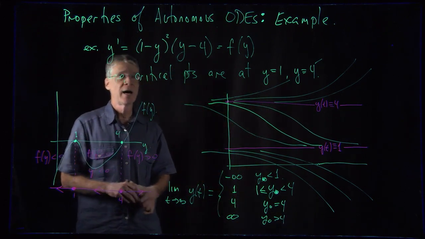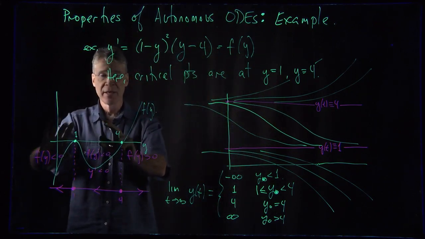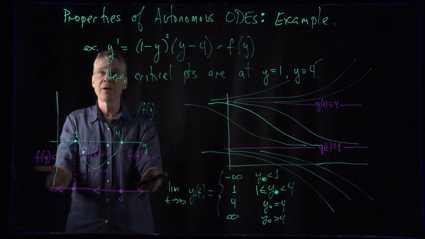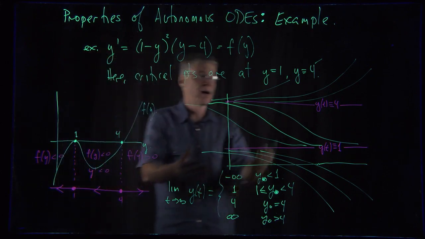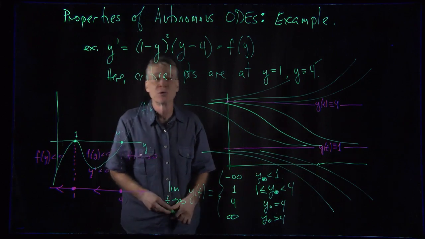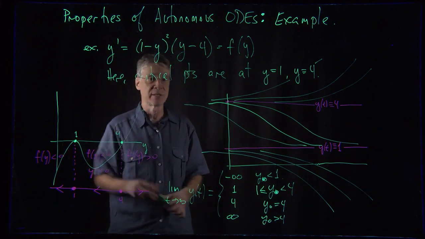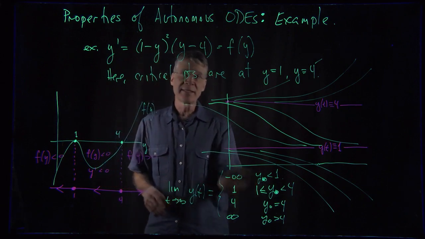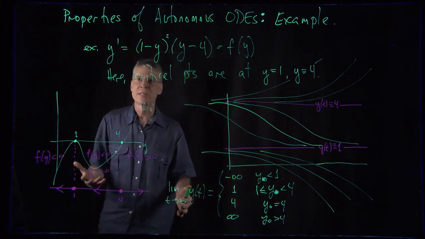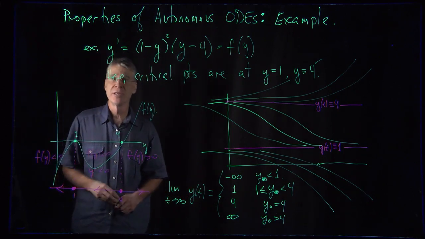And really, I knew that just by grabbing this guy and graphing it and understanding how to produce my phase line. I don't really even need this, although I can actually draw more or less what my solutions look like just because it's an autonomous differential equation and it has the properties that I want. But this piece down here gives me a good sense for what the long-term behavior is given an initial condition.